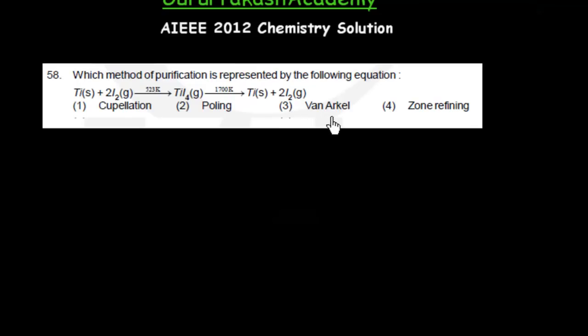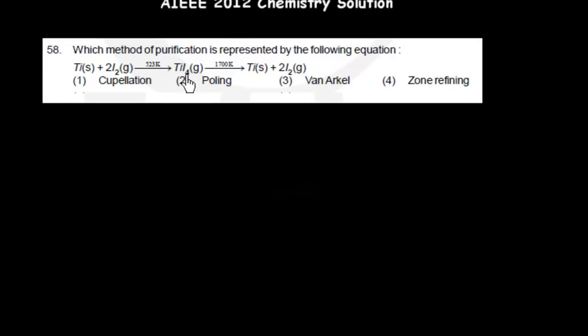Now this is basically the Van Arkel process. What we do, to get very pure titanium, using the Van Arkel method, we can produce ultra pure metal.